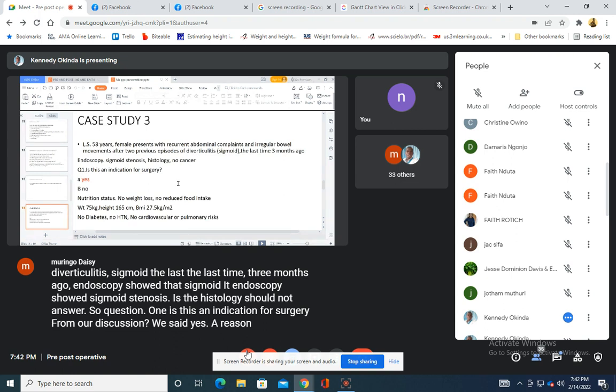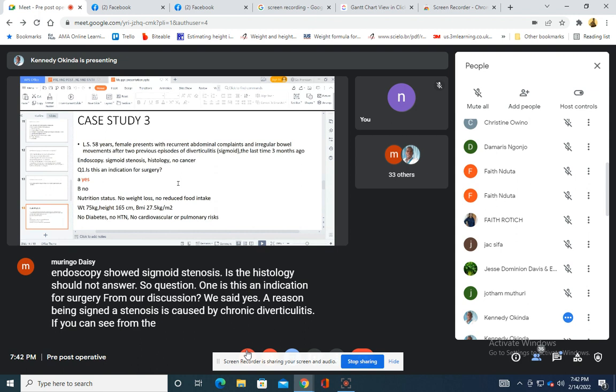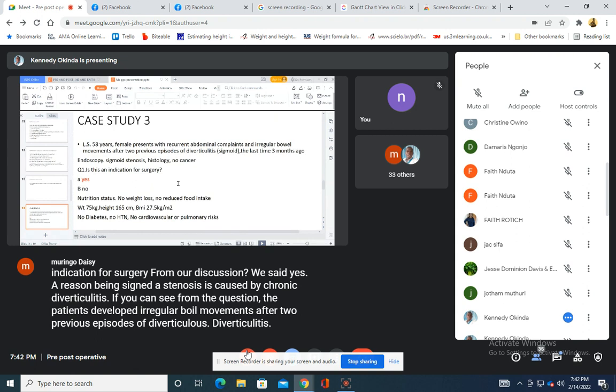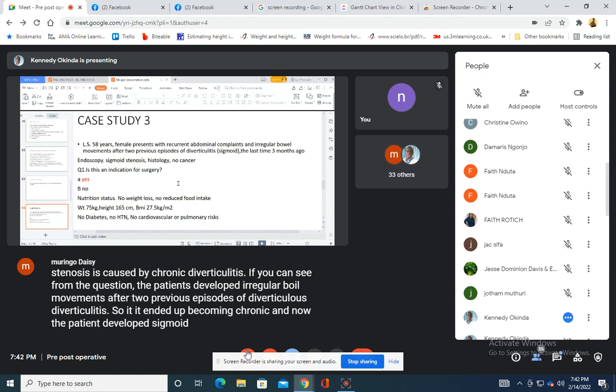Reason being, sigmoid stenosis is caused by chronic diverticulitis. As you can see from the question, the patient developed irregular bowel movements after 2 previous episodes of diverticulitis. So it ended up becoming chronic, and now the patient has developed sigmoid stenosis, which can only be corrected through surgery.